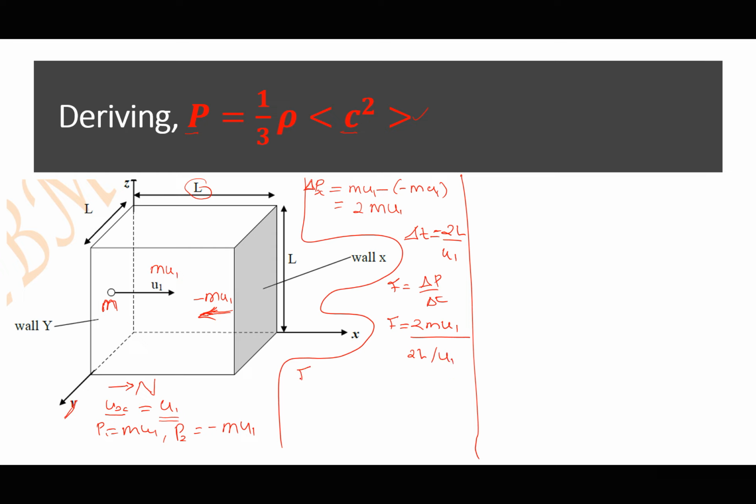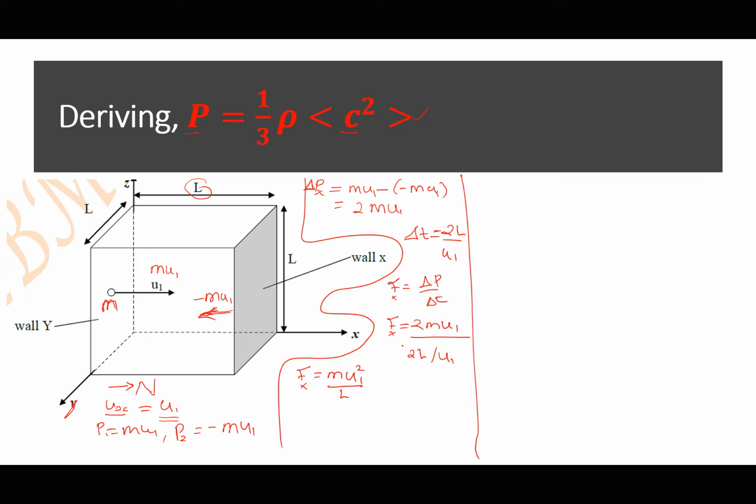When you simplify this expression, u1 cancels one power and the 2 cancels. So the force exerted by the molecule on wall X becomes m u1 squared divided by L. This is the force exerted on wall X. I may even call it force Fx.